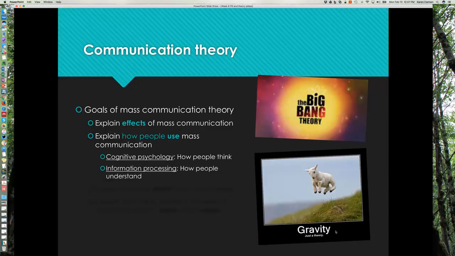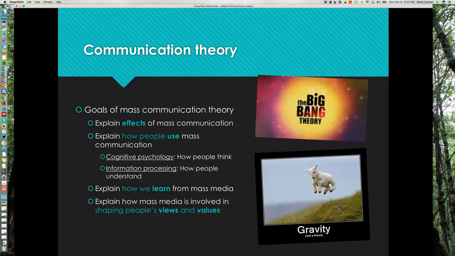There are two things to consider here: cognitive psychology, how people think, and information processing, how people understand messages. So there are two components to how people use mass communication.